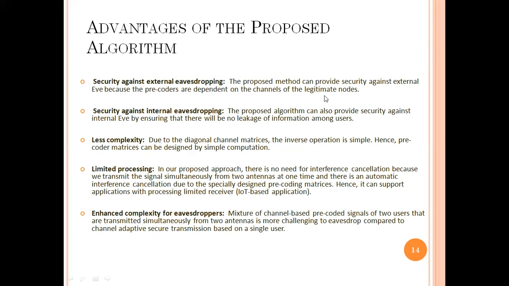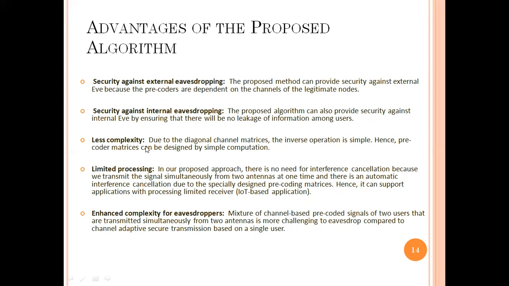The proposed method can provide security against eavesdropping because the precoders are dependent on the channels of the legitimate nodes. It can also provide security against internal eavesdropping by ensuring that there is no information leakage among users. And due to the diagonal channel matrices, the inverse operation is simple. Hence, precoder matrices can be designed by simple computation.